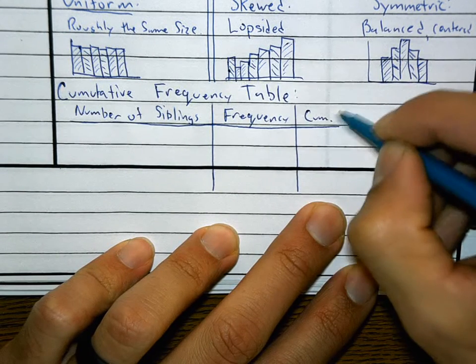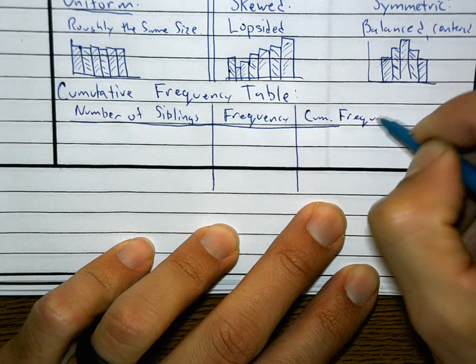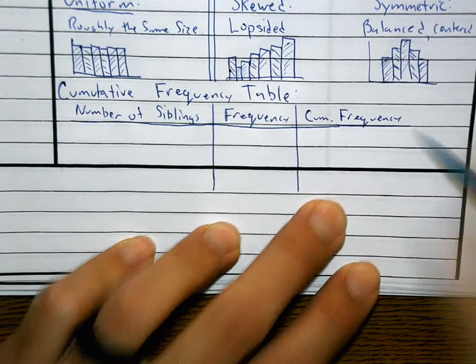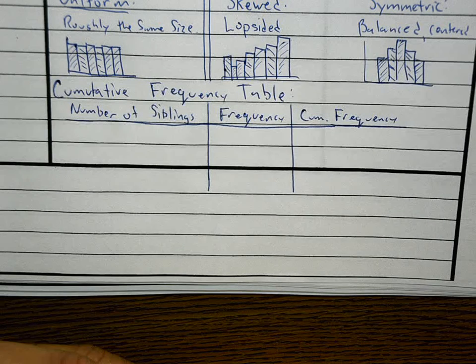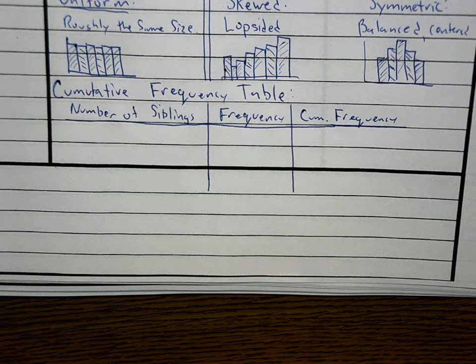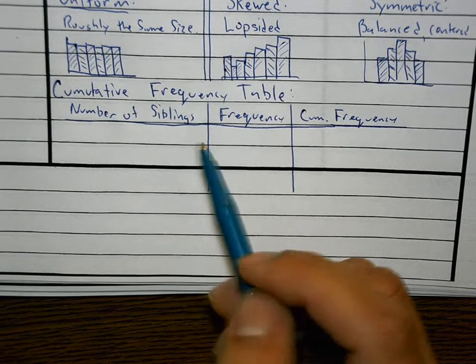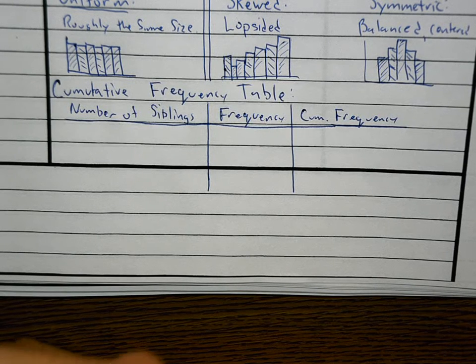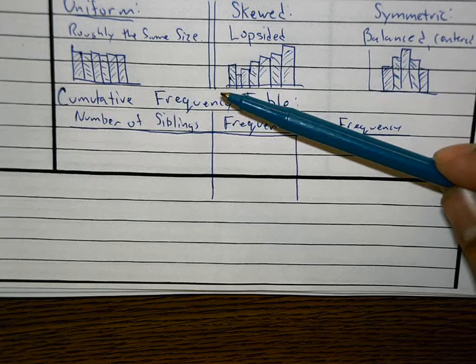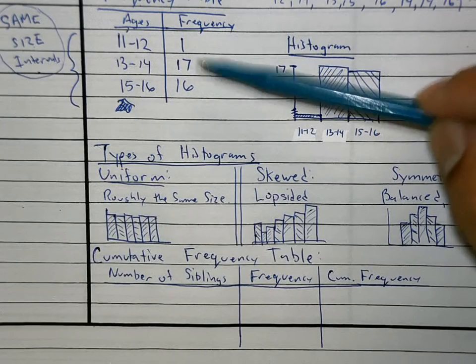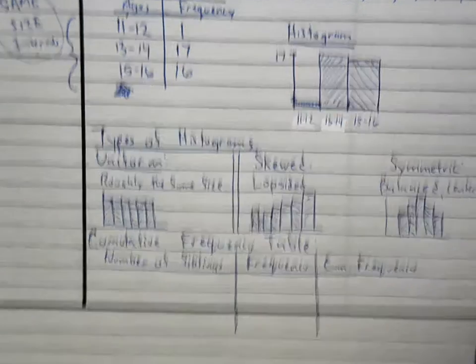Cumulative frequency. Cumulative frequency table has a third column. So it's going to be very similar to our frequency table that we had before, except there's a third column added to this.